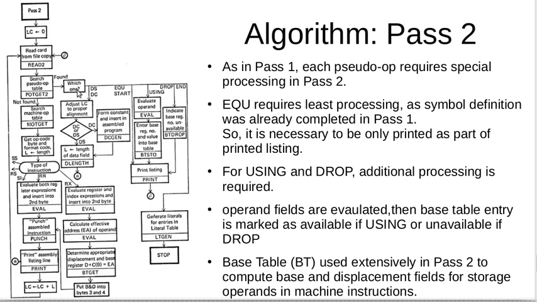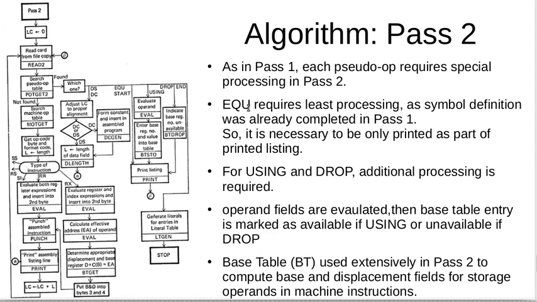There is a step called search pseudo op table. If it is found to be a pseudo opcode, then which one is it? Is it a DC or DS pseudo opcode? Is it an EQU or START pseudo opcode, USING, DROP or END, right? So we will now discuss what happens in each of these cases.